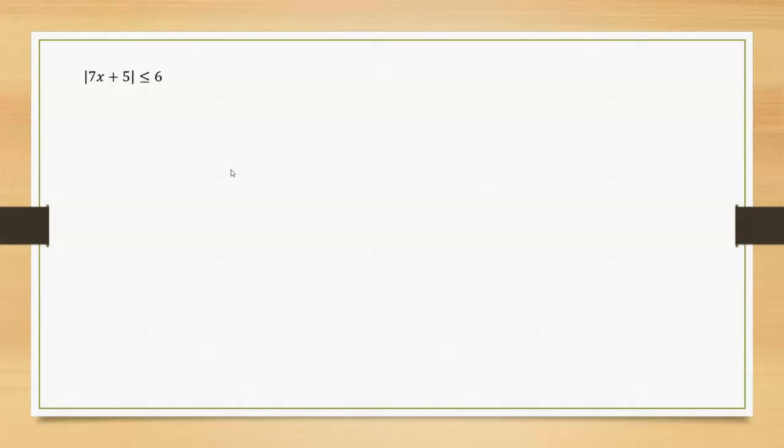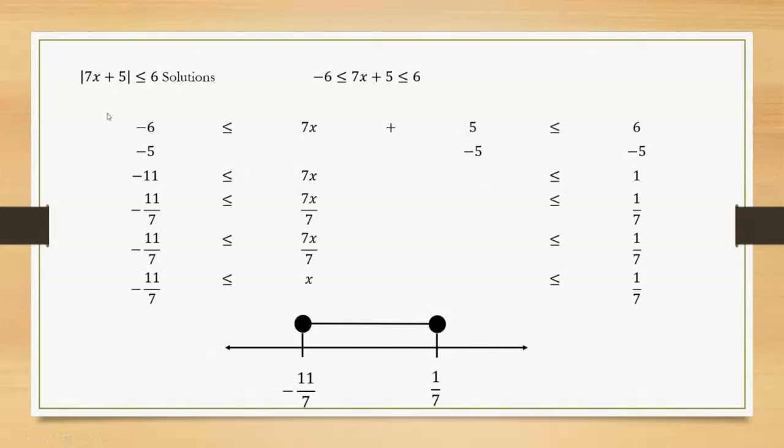From here, we have 7x plus 5 in absolute value is less than or equal to 6. We have 7x plus 5 less than or equal to 6, and greater than or equal to negative 6. So from here, we want to get x all alone in the middle.